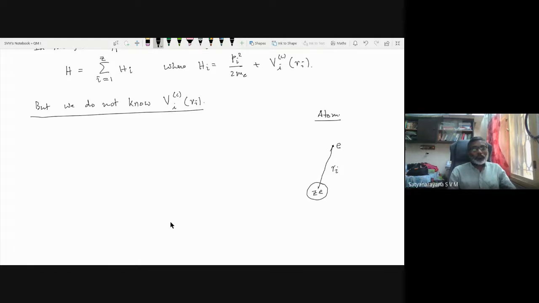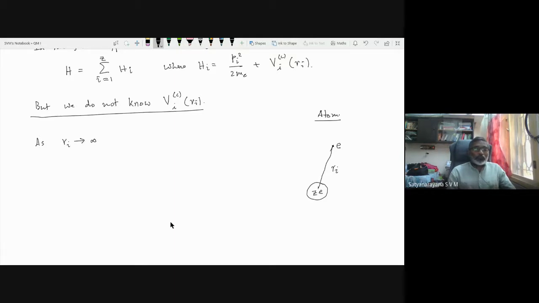So first let us look at asymptotically what this Vc should look like. As Ri goes to infinity, then what happens?